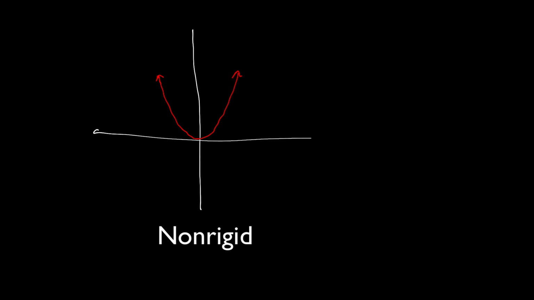Or you could do both at the same time. So this is what we're talking about today with the non-rigid transformations. We're actually changing the shape of the figure on the XY plane.